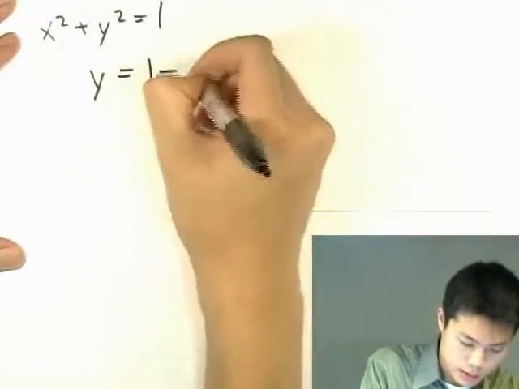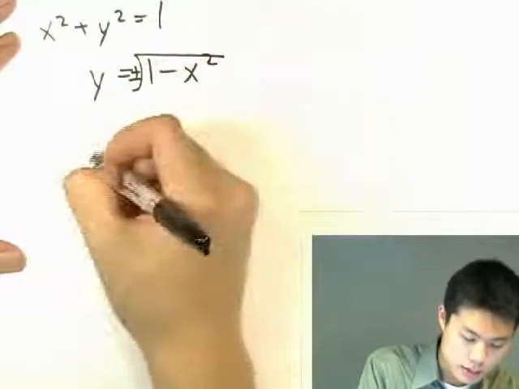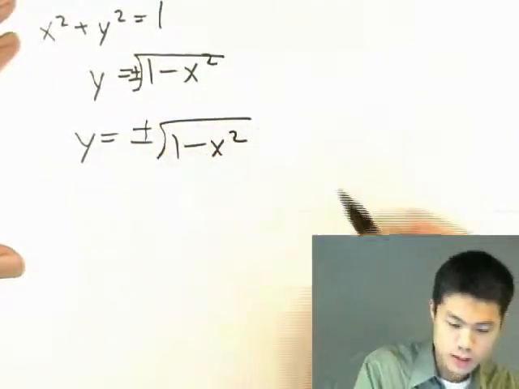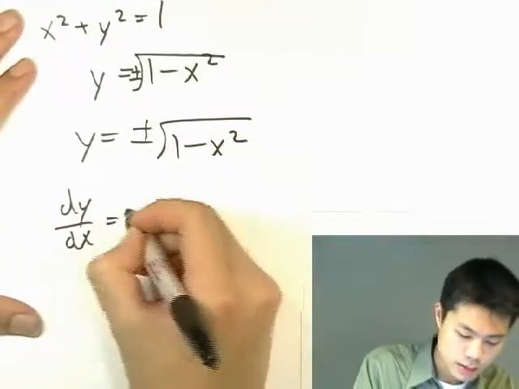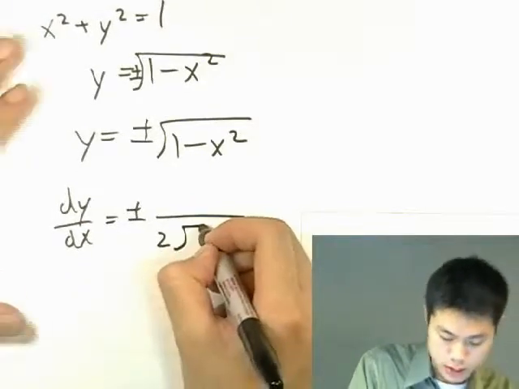Bring the x term over here, and then take the square root of both sides, plus or minus. Let me rewrite that. Like that. Okay, so then the derivative is going to be, let's just do this out.